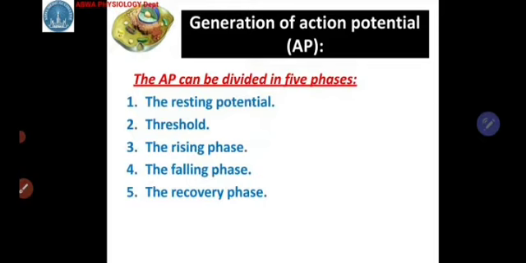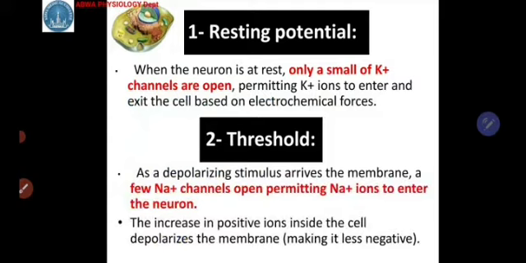Generation of action potential. Action potential is actually divided into 5 phases. We will discuss each of them: resting potential, threshold, rising phase, falling phase, and recovery phase. Resting potential: when a neuron is at rest, only a small amount of potassium channels are open, permitting potassium ions to enter and exit the cell based on electrochemical forces.